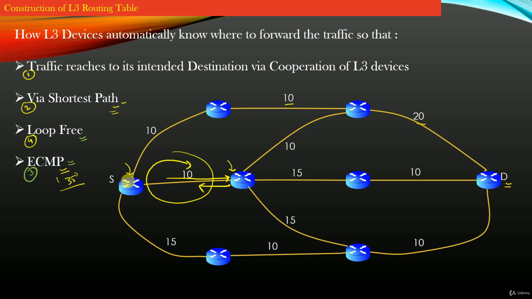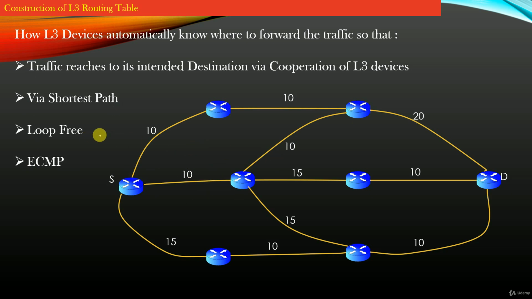Router S will send the traffic to this router, whereas this router thinks that D is reachable if it sends the traffic out of this interface, right? So it means that this router has a wrong entry in its routing table, which creates a loop. So the question is, how is it ensured that every router in the topology has its routing table so constructed that no loops occur?